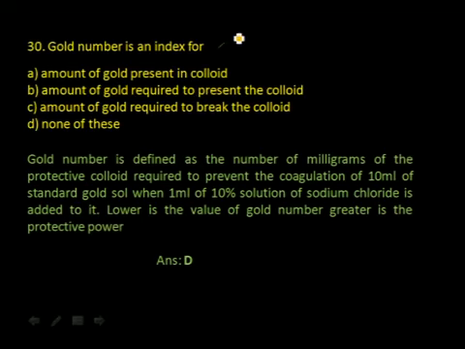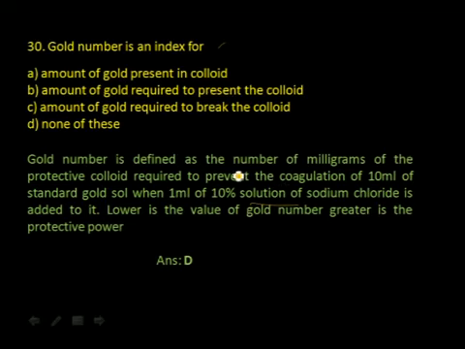If I have to give you the clear statement of gold number, let us suppose we have 10 ml of standard gold sol. If I add 1 ml of 10% NaCl solution to the 10 ml of gold sol, if the stability of the gold sol has to be retained, it has to be mixed with a specific mass of protective colloid.